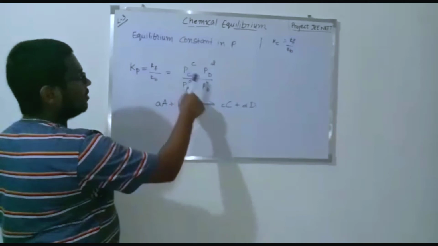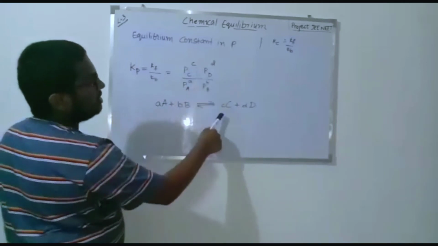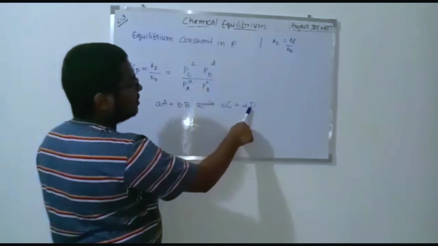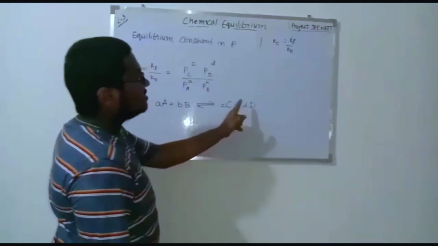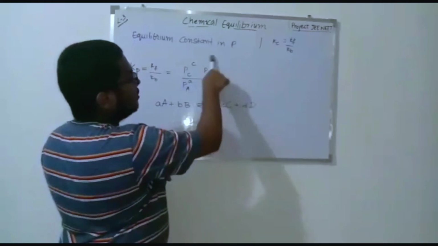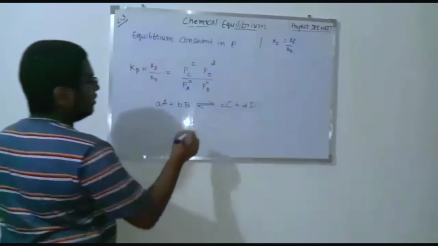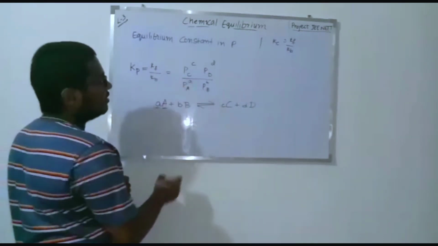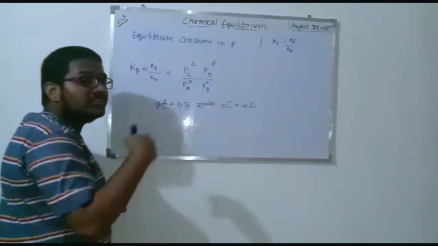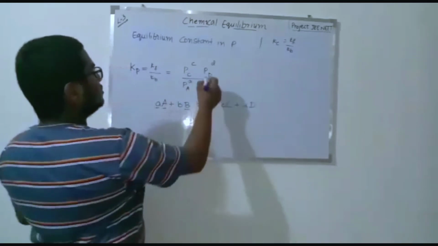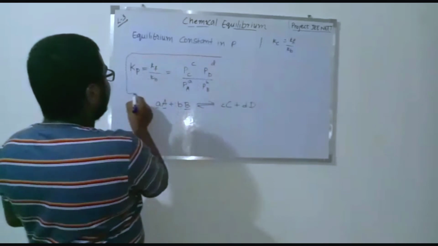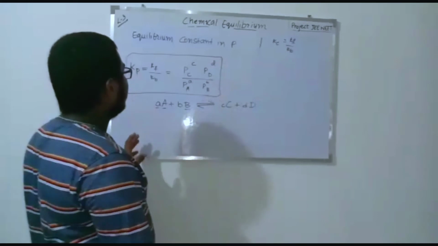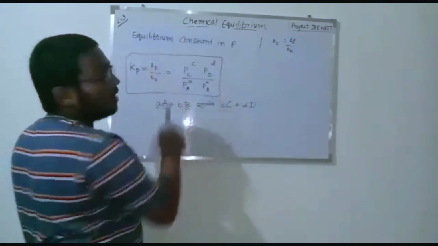The partial pressure of product C raised to its coefficient, into the partial pressure of product D raised to its coefficient, divided by the partial pressure of A raised to its coefficient as power, into the partial pressure of B raised to its coefficient as power. So this is the main expression of the equilibrium constant in terms of the partial pressures of the products and reactants.